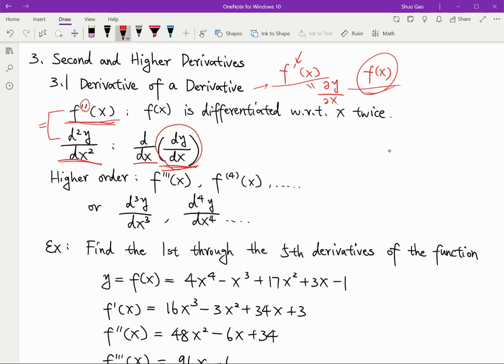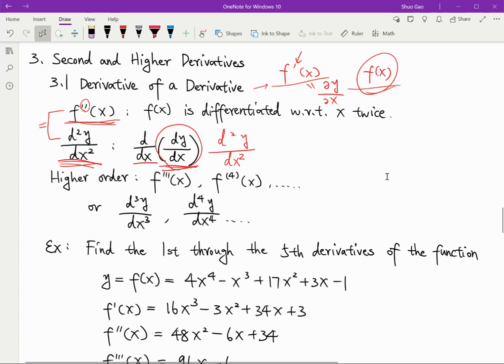So we know that there are 2 d's in the numerator, so that's why it's d squared y. And then in the denominator, there are 2 dx, so that's dx squared. Right? That's how we find this notation.